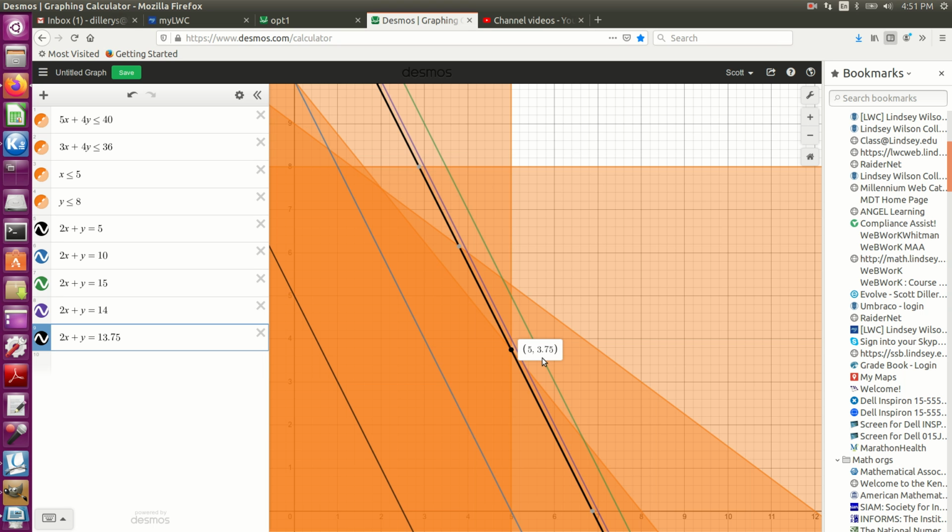In our project, no, 3.75 wouldn't make sense because you don't have 3 3/4 individuals. And so for us, that wouldn't be a practical answer, and we would want to back this up a little bit to the 13, where we'd get a whole number answer.